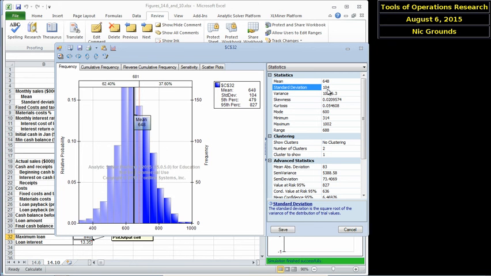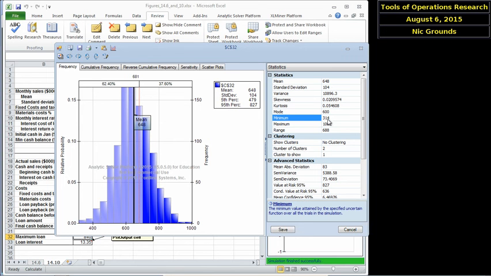The standard deviation gives you a guide for how variable that objective is. So we think on average we'll need a loan for 648, but we might need one for 100 or more thousand bigger or 100 or more thousand less, okay, that you can see.